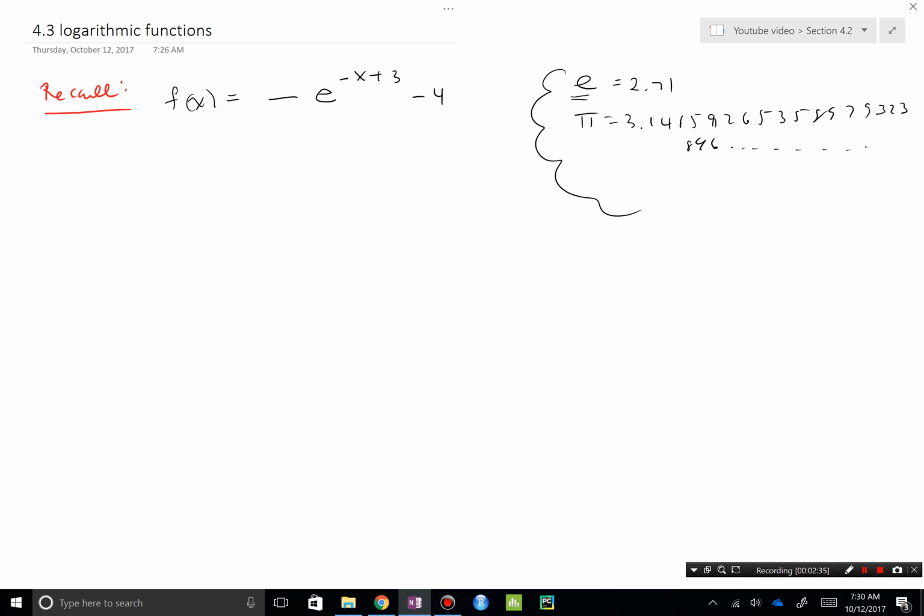Now, why is it called the natural number? Because some 150 years ago, we started to understand that the natural number occurs in everything that's natural. What do we mean by natural? It's nature, right?